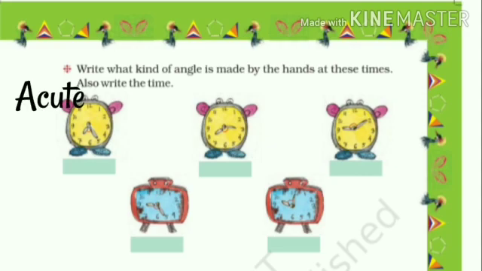So it is my acute angle. Okay. Second, if I'm coming to the second clock, in this my hour hand is on 8 and my minute hand is on 3, so it is 8:15.